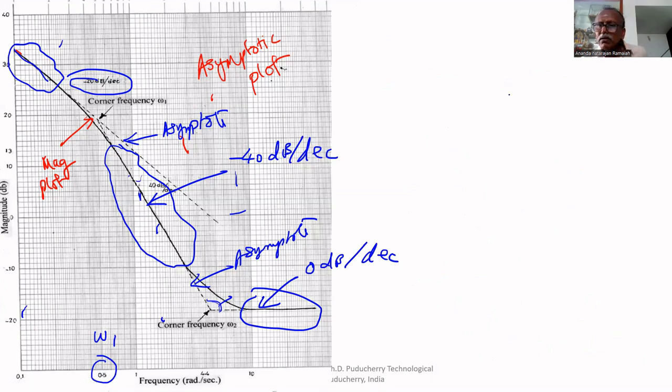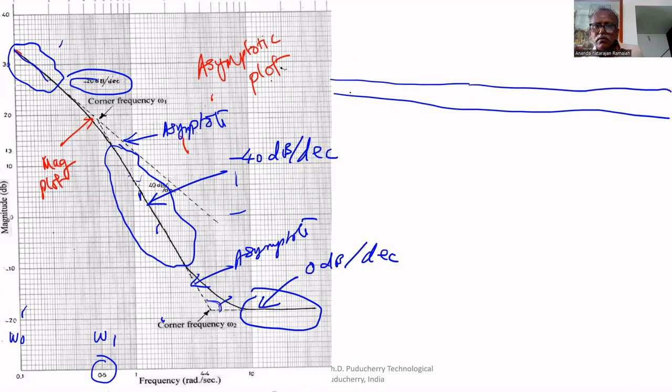Now we have to form the table to find the transfer function. The first range is omega naught to omega 1. Omega naught is 0.1 and omega 1 is 0.5.